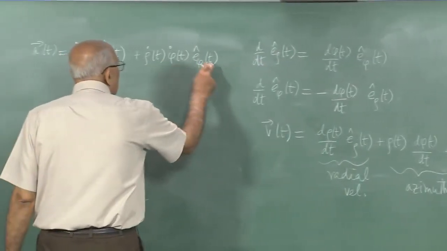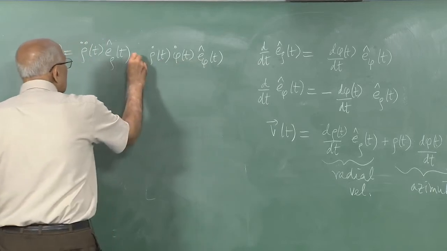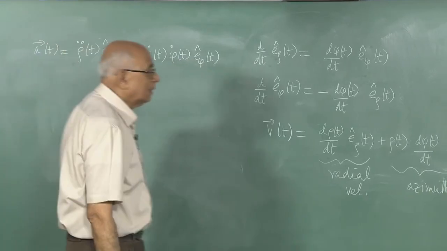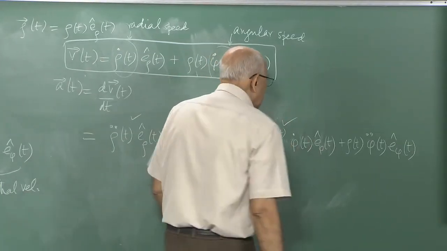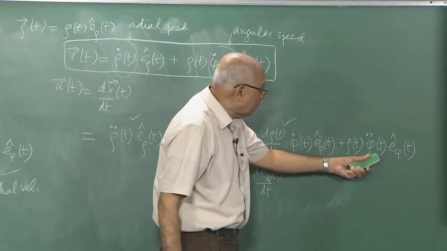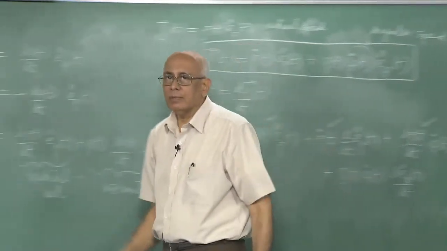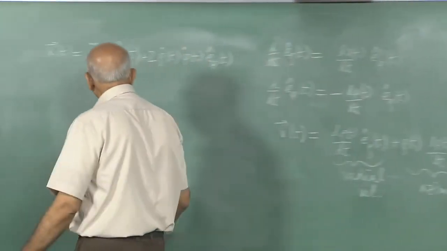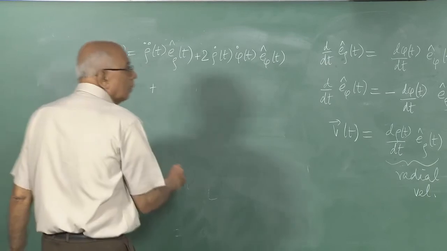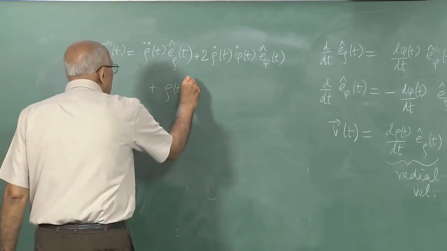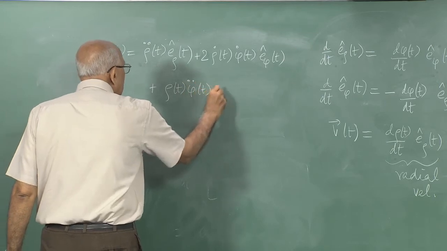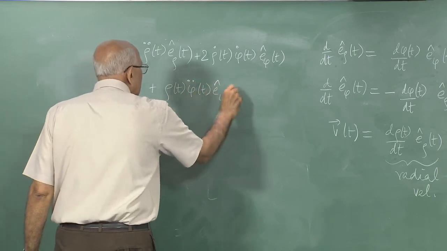So we need to put that in, rho dot phi dot e phi of t, it is the same as this term, so you really have twice that, and that has taken care of this third term. And the fourth term is rho times phi double dot e phi of t, we have to leave it as it is, plus rho of t phi double dot of t e phi of t.